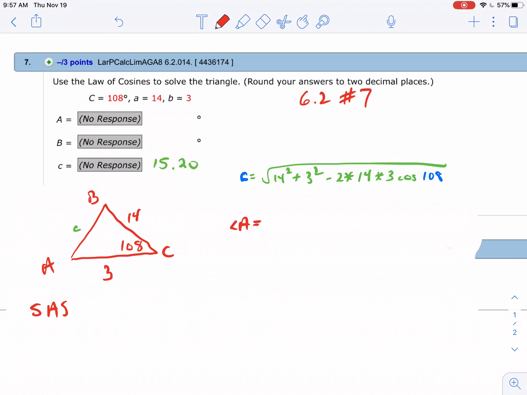So angle A, I've already done a video for these, so we'll go a little faster now. So the cosine inverse, and I put parentheses around the top. If I'm finding angle A, I do the number I just found, 15.20 squared, plus the 3 squared, and the partner, 14, is the one that gets subtracted.